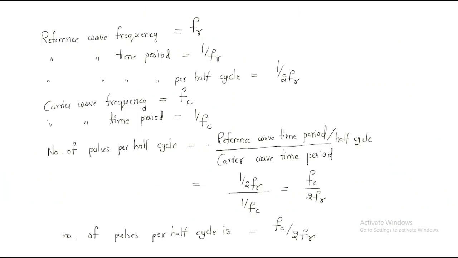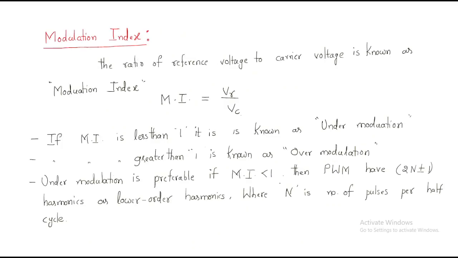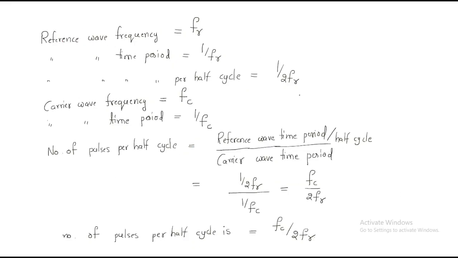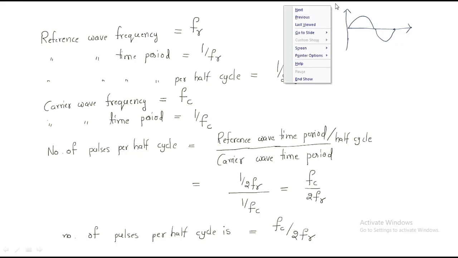In this, first the reference wave frequency, for example, FR. So what is the reference wave here? Just draw simple waveforms. Generally the reference wave is the sinusoidal wave. So name it the reference wave or VR, right?